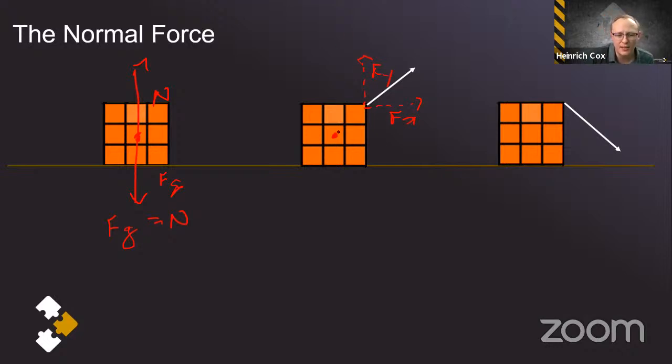So that means that the normal force going up and Fg going down can't be equal because all the forces going up have to be equal to all the forces going down. So in this instance, the normal force plus the y component going up must be equal to Fg going down. So here, you actually have a normal force that is less than Fg, right? Showing that normal isn't always just equal to Fg.